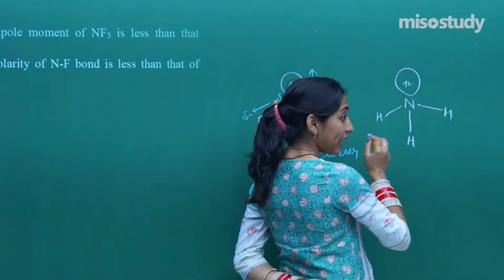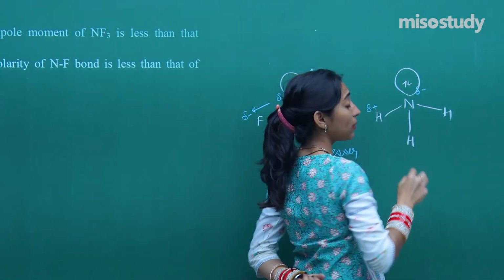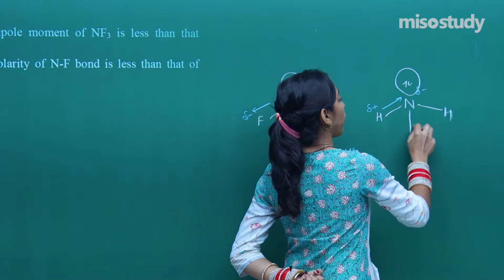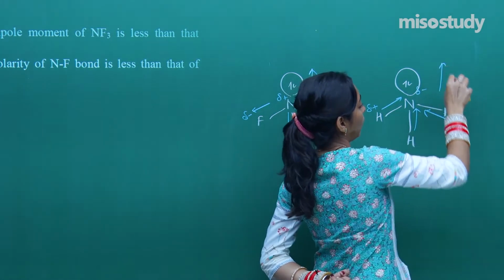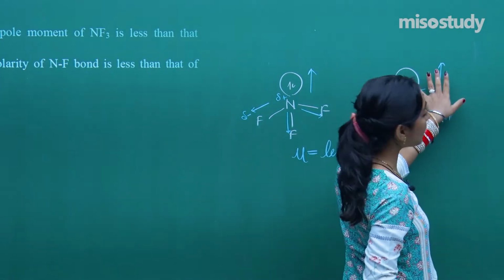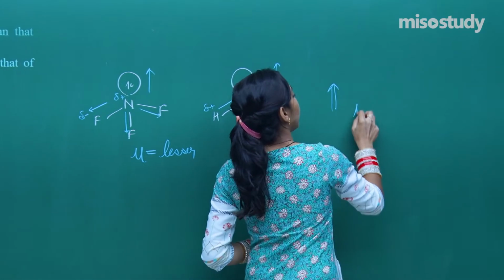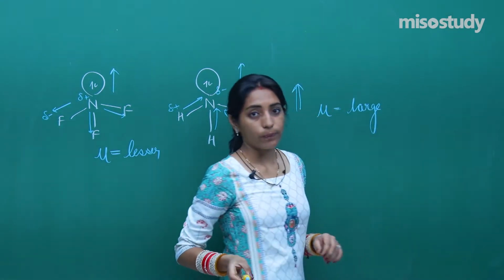Now in the case of NH3, nitrogen is delta minus compared to hydrogen because hydrogen is more electropositive. So the dipole will be from positive to negative and for the lone pair the dipole will be in the upward direction. So you can say all the dipoles are pointing in the upward direction, so they will get added up and the final mu will be a large value, right.